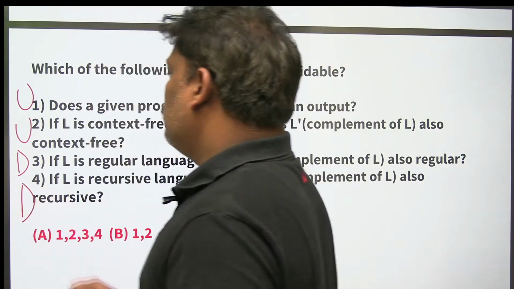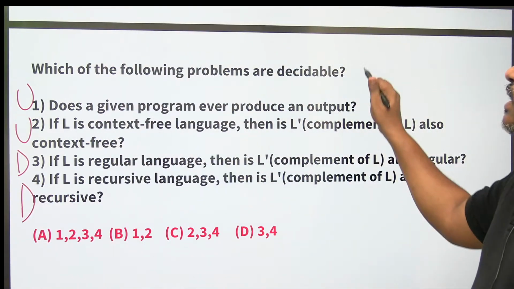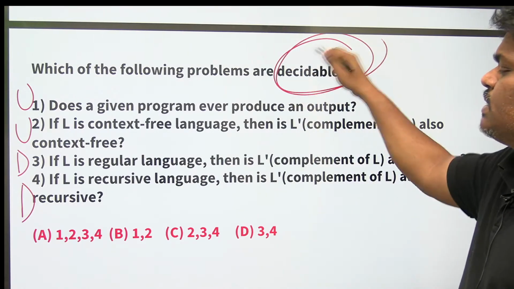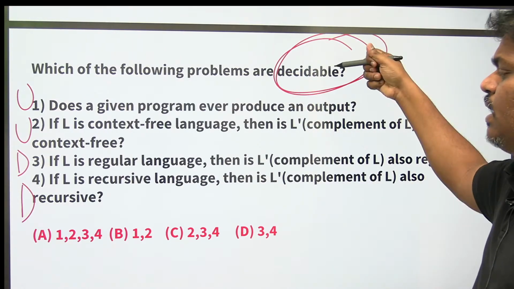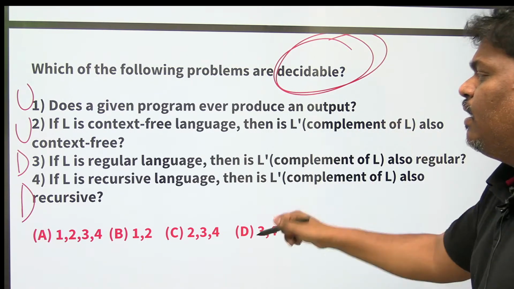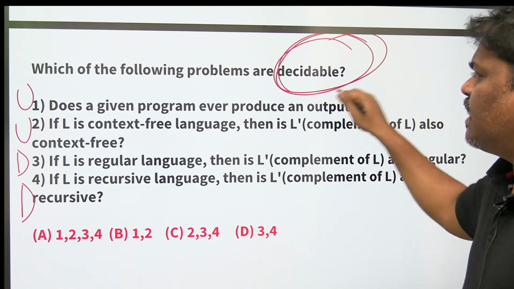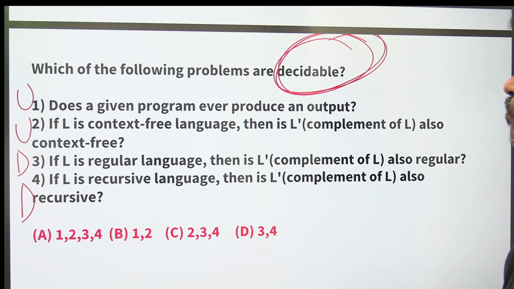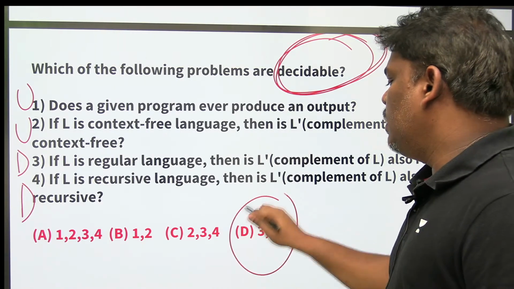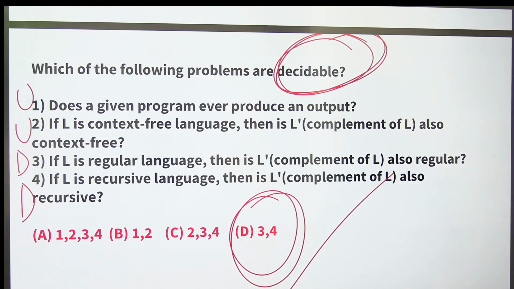If you see the options, the question is asking which are decidable. Please don't pick blindly; before giving the answer, recheck. Decidable are 3 and 4, so D is the answer. Undecidable are 1 and 2.